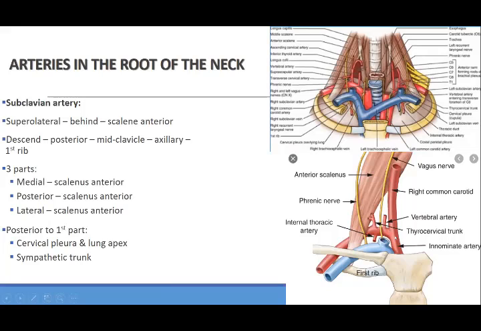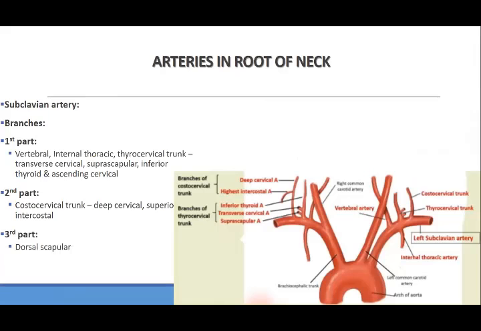Arising from the first part, you have vertebral artery, the first branch, internal thoracic artery, and then you have thyrocervical trunk. Thyrocervical trunk की यहाँ 2 branches दिखाई हुई हैं, suprascapular and transverse cervical, and then you have the terminal 2 branches, जिसमें you have the inferior thyroid artery, ये देख लीजिए, यहाँ पे ये inferior thyroid artery है, and ascending cervical branch है, उसकी जो कि नहीं दिखाई हुई यहाँ पे.